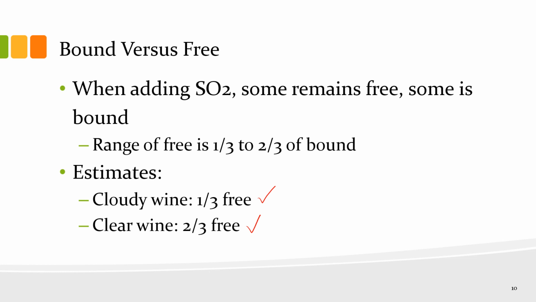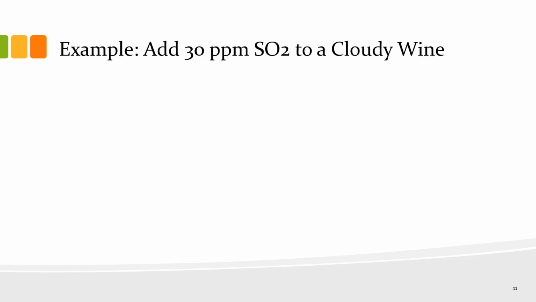All right, so say we had a cloudy wine. Let's take an example: 30 parts per million SO2 added to a cloudy wine. In a cloudy wine, any addition will end up being 2/3 bound and 1/3 free.